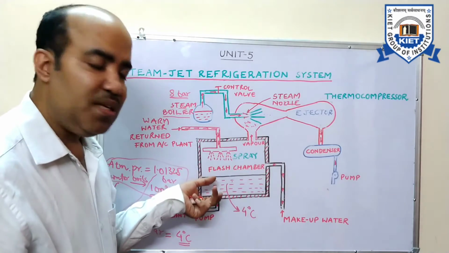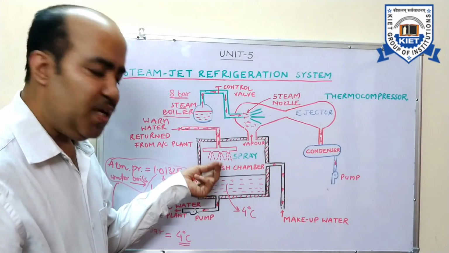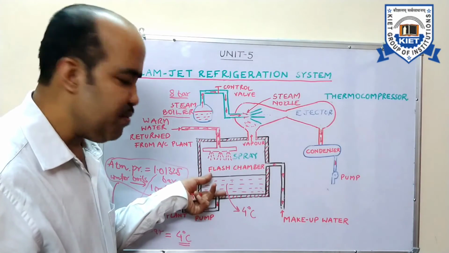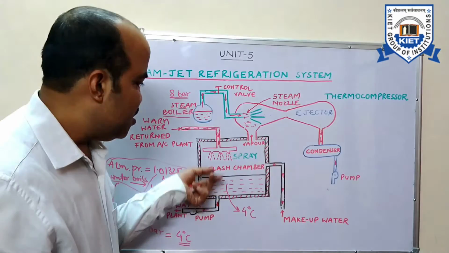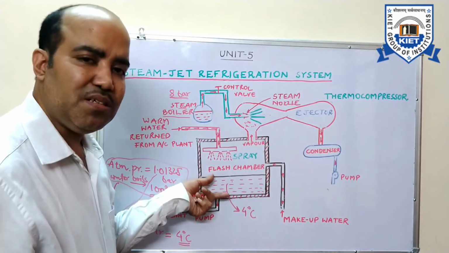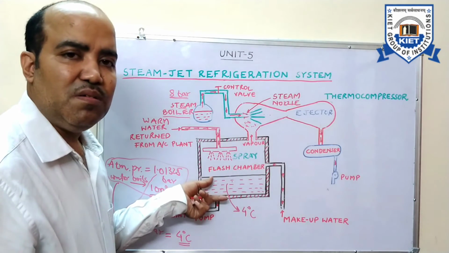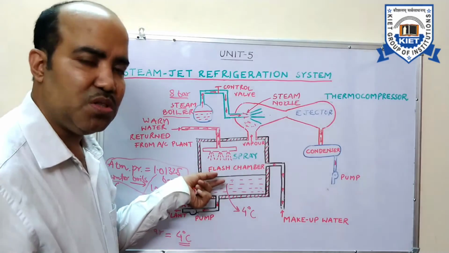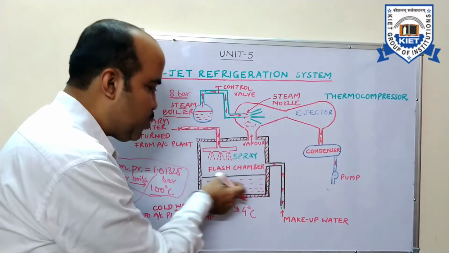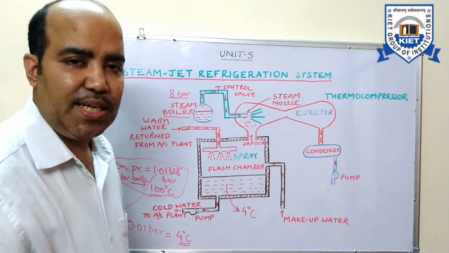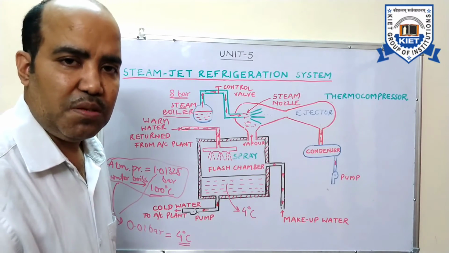When these water particles absorb the heat from the water in the flash chamber, the particles get converted into vapor, whereas the temperature of this water becomes very low, and some part from the top portion of the water level also evaporates and gets converted into vapor.